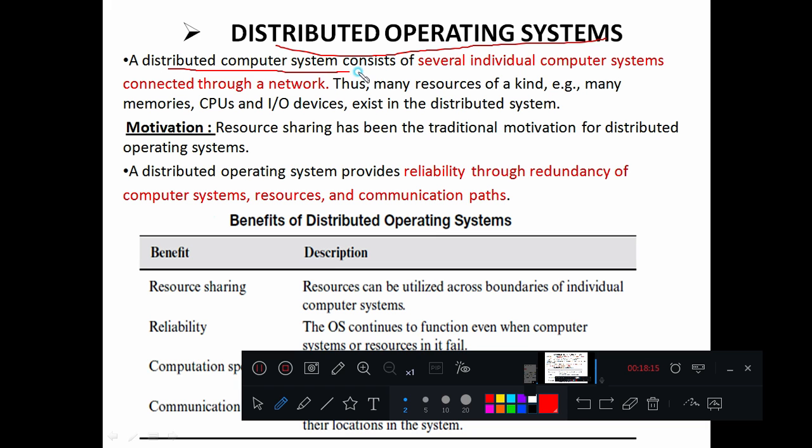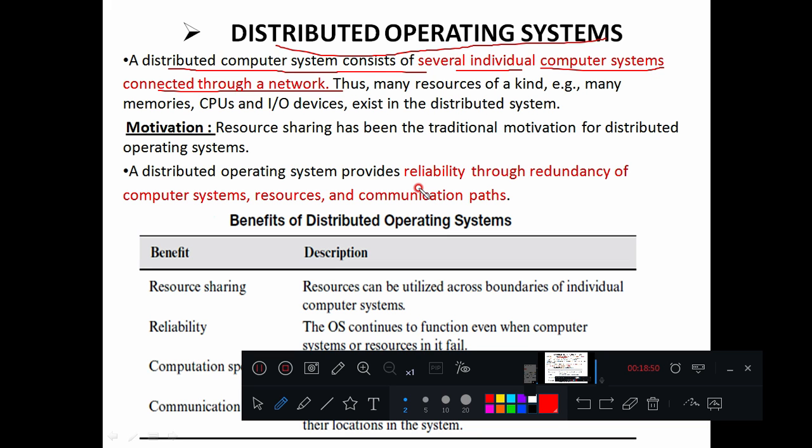A distributed computer system consists of several individual computer systems connected through a network, right? The different computer systems are connected through the internet, and all those computers maintain certain resources. Each and every computer system maintains its resources, and when multiple computer systems are connected, more resources will be available to the user, right?